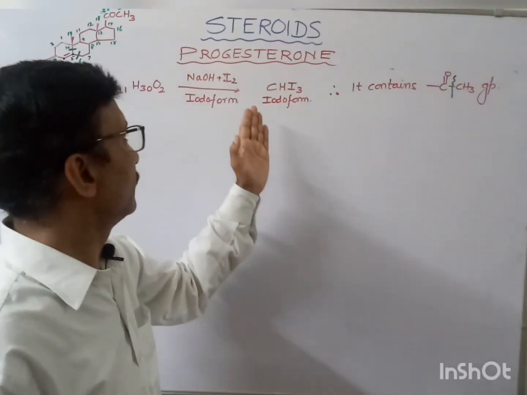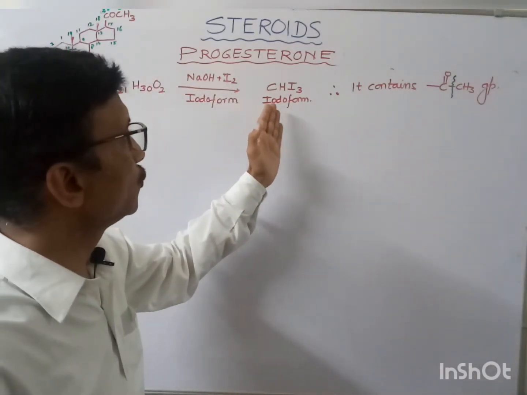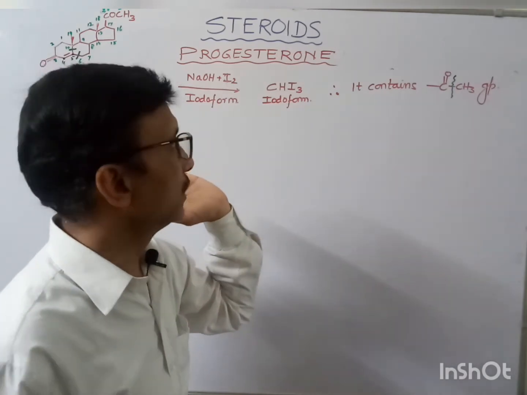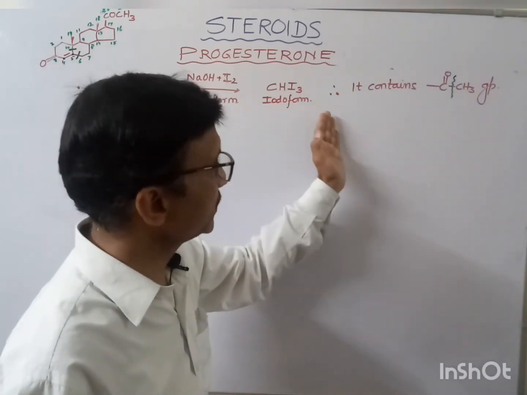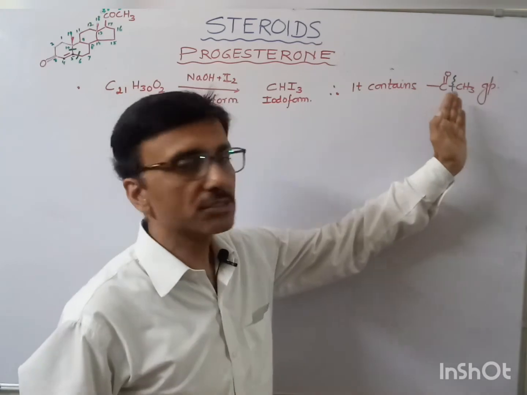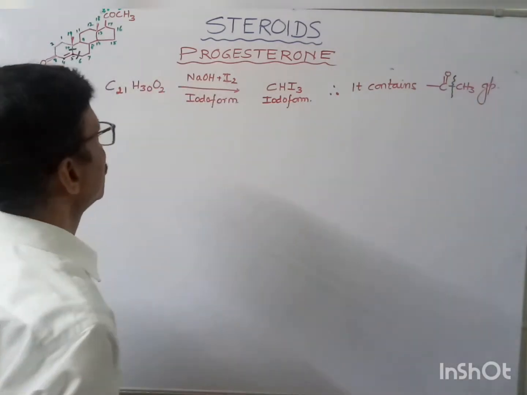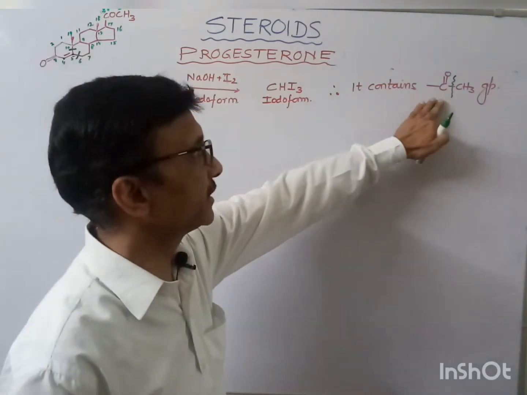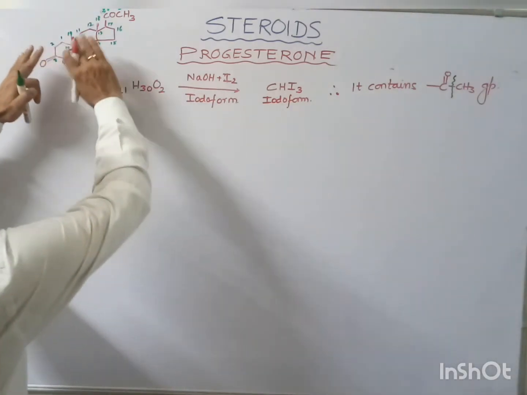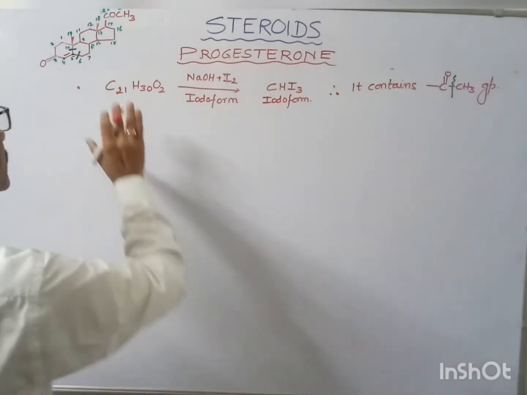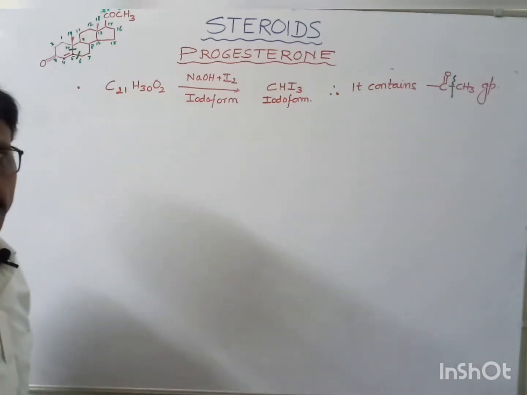But here only one molecule of iodoform was obtained. It means it contains one COCH3 group.